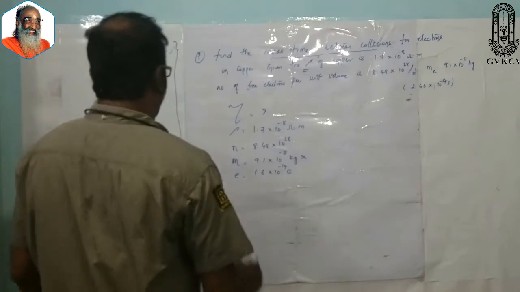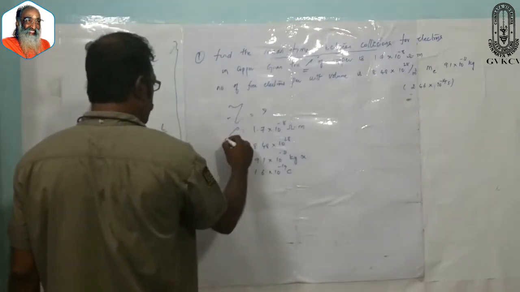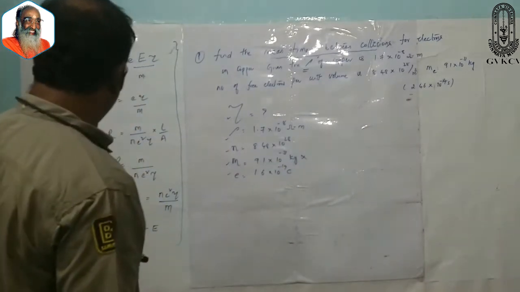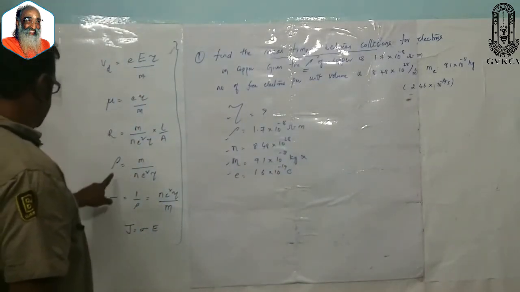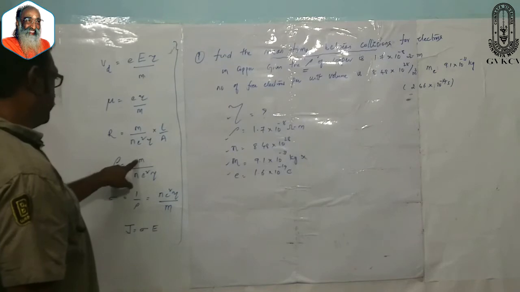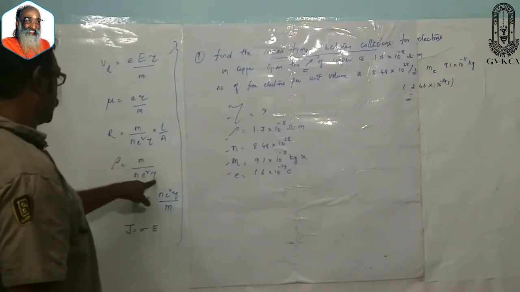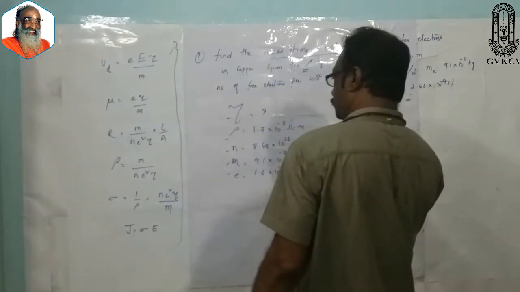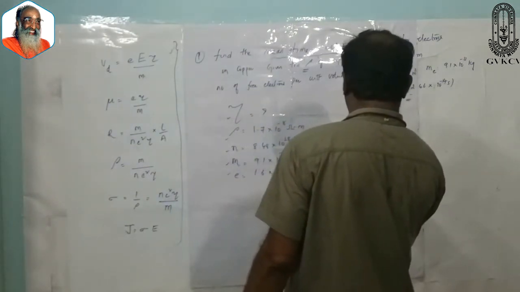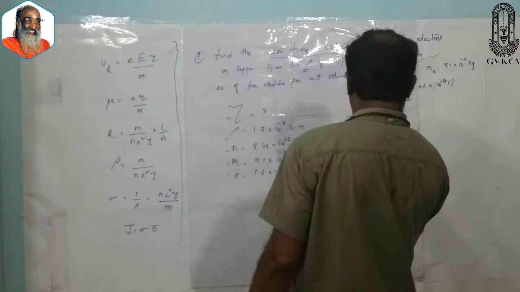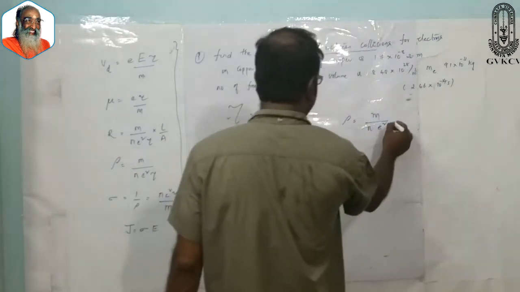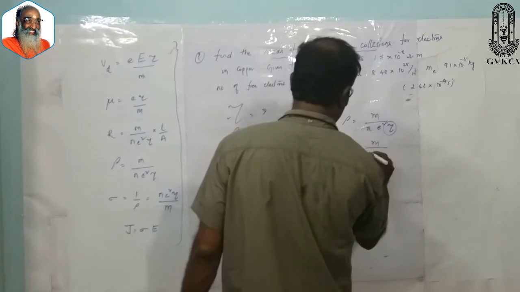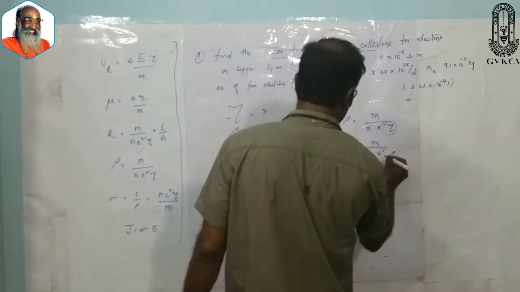Now, what is the expression connecting tau, rho, n, m, e? Just look here: resistivity is equal to m by n e square tau. So rho is equal to m by n e square tau. We want tau, so tau is equal to m by n e square rho.